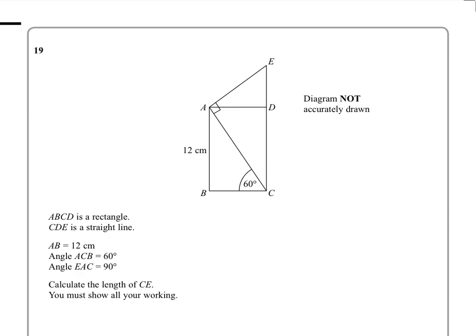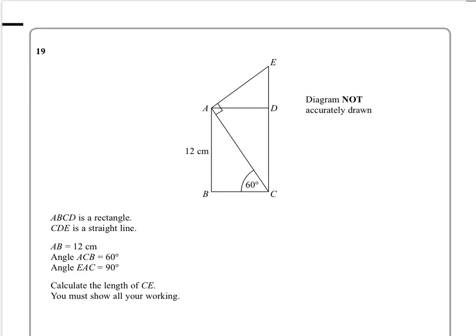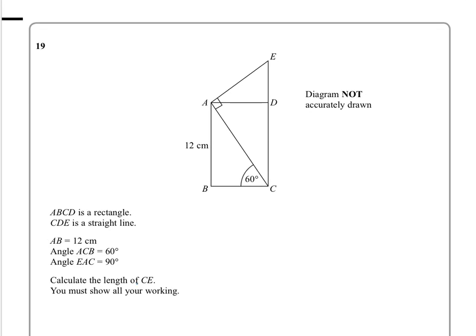In this question, we've really got to calculate the length of CE. So this whole length here. And really we've just got to work around the triangles that we have and hopefully get the information we need.